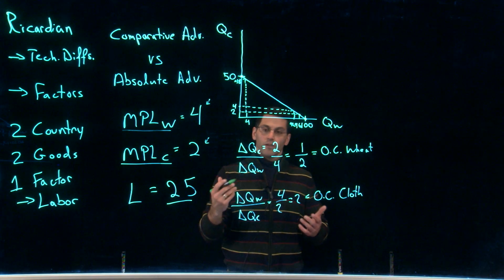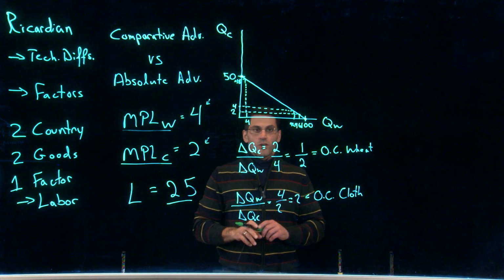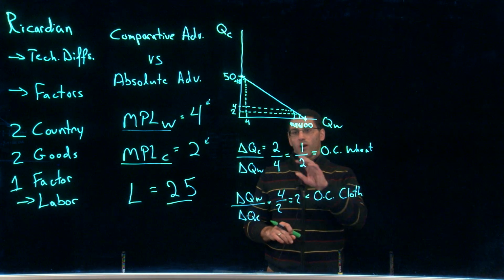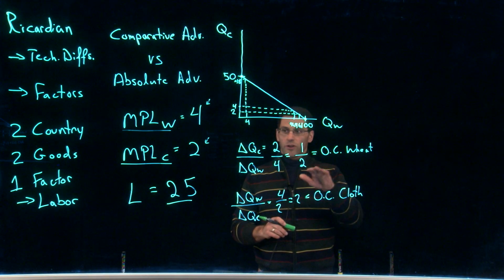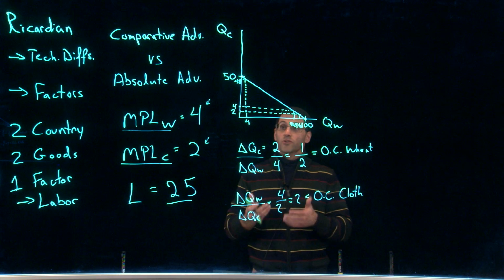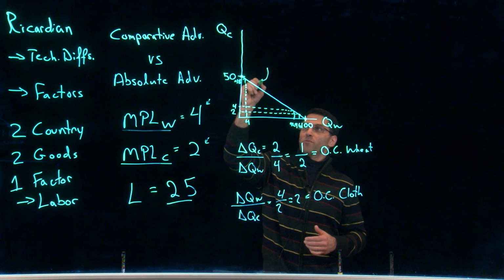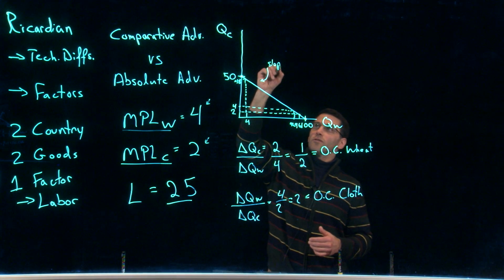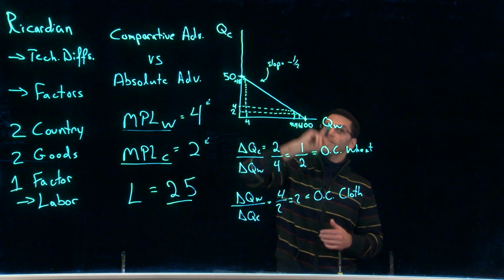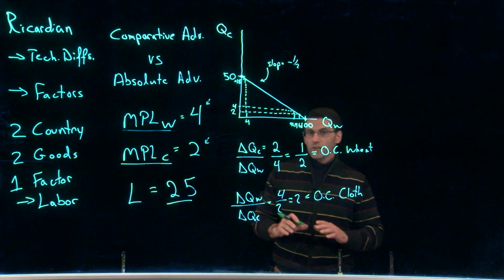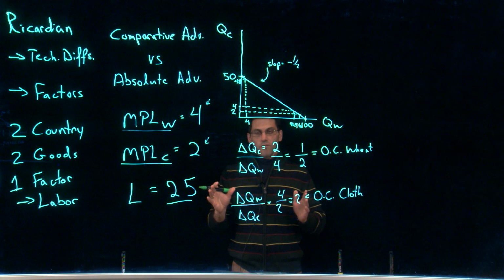Okay? That's our opportunity cost. And what you should note here is that the opportunity cost of producing wheat, the good on the x-axis, is simply the slope of the PPF. Okay? So now that's it. That's all there is to the PPF.